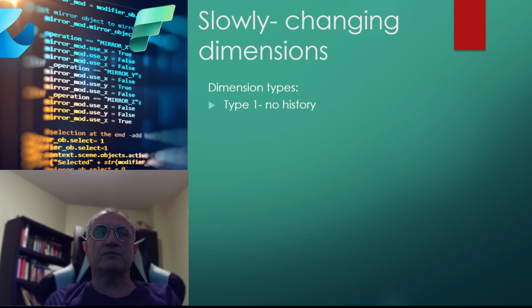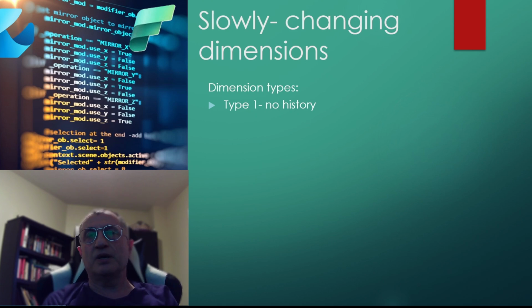So this would usually be simple dimension tables where you either do not expect change, so basically the changes are very rare, or you don't care about this change from a reporting perspective, right? So these tables are very easy to build.